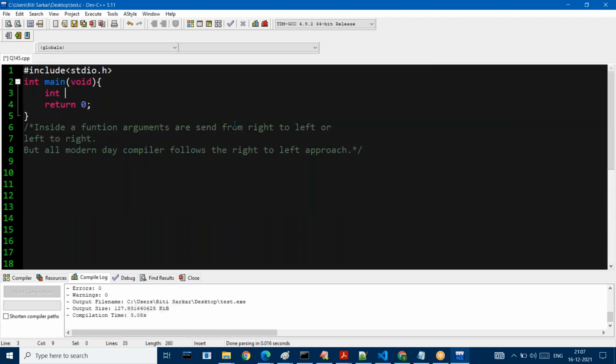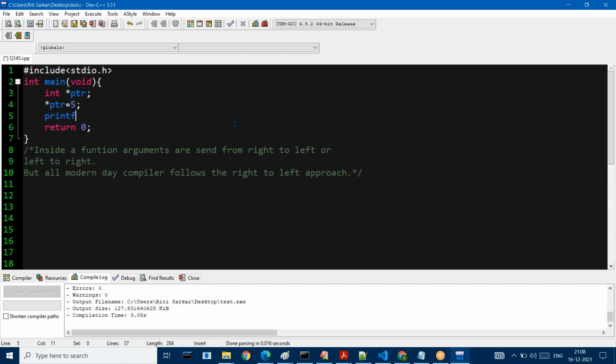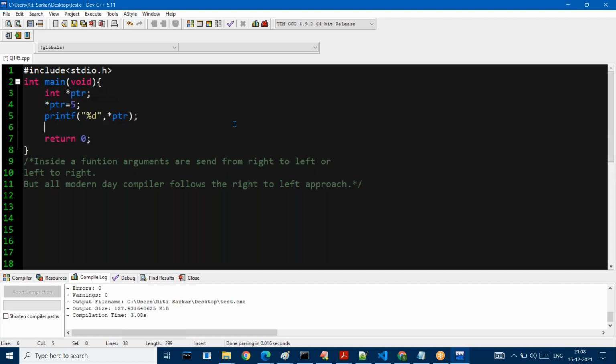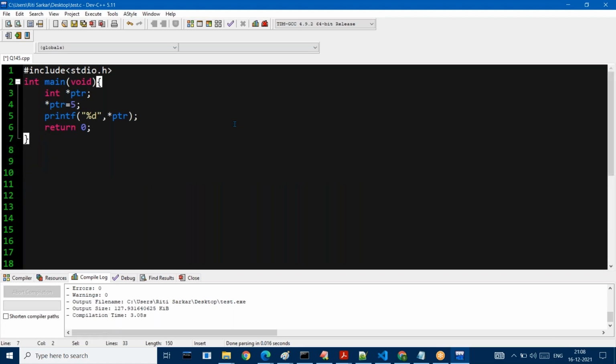Suppose we have int star ptr. Next after that I'm writing star ptr is equal to 5. Next after that printf %d star ptr. What is going to happen? Let us assume the options available here.